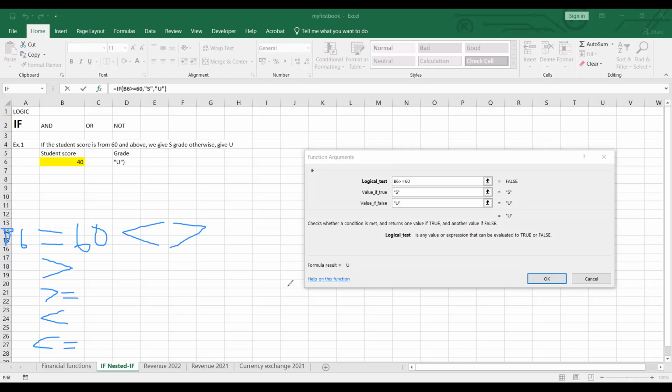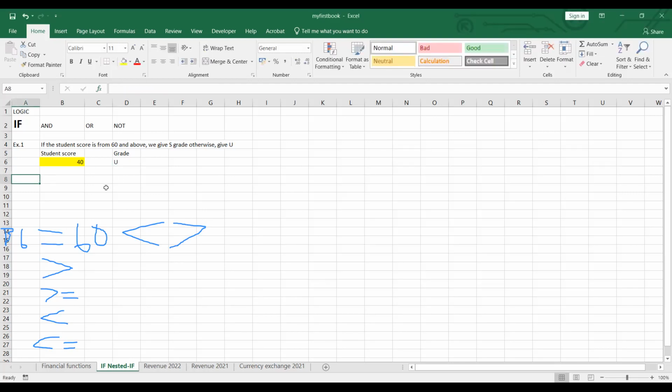These are the logical operators that we use in order to calculate this. Right. So for the comparison, we can also compare text as well. For example, if the student name is Jane, give 1 to her attendance score.